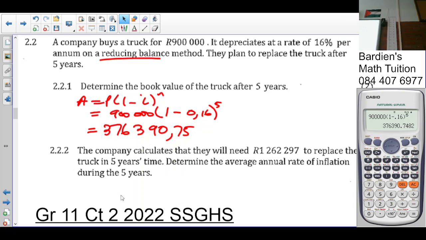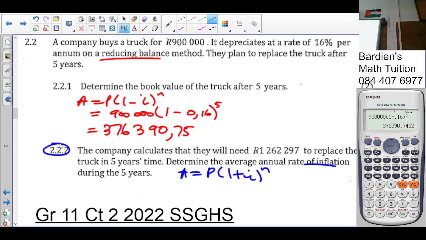Okay, so in 2.2.3, we are told that the company calculates that they would need 1,262,297 to replace the truck in 5 years. Determine the average annual rate of inflation. So the inflation formula is A is equal to P into 1 plus i to the exponent n.